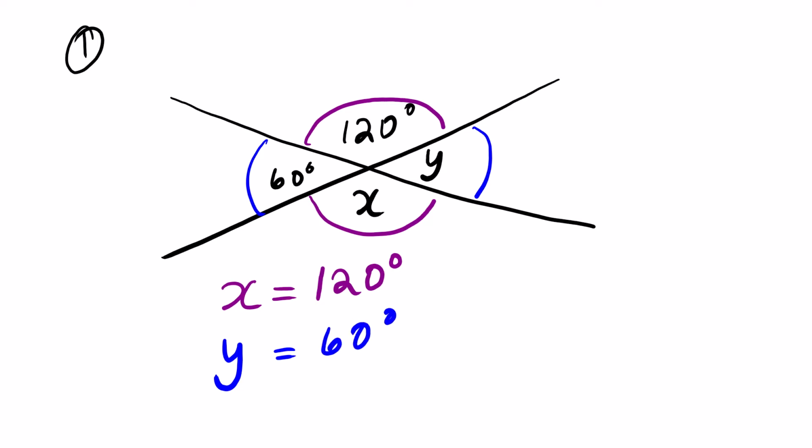Looking at angles x and y, this is our first theorem, whereby two angles lying on the same straight line are supplementary. So 120 plus 60 gives you 180.